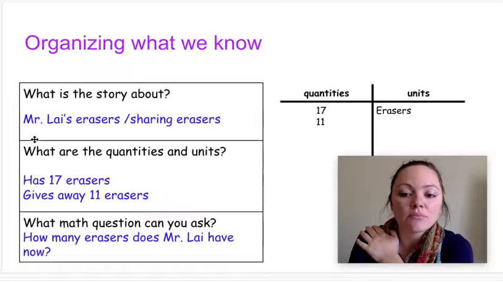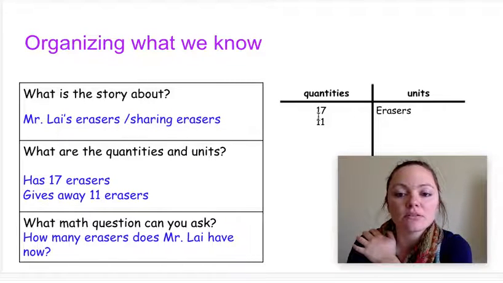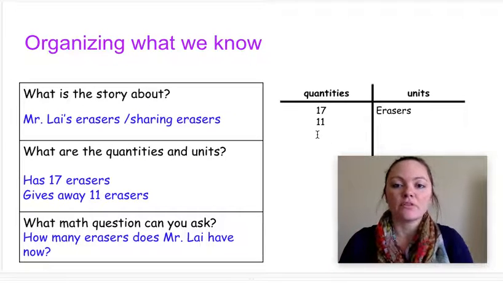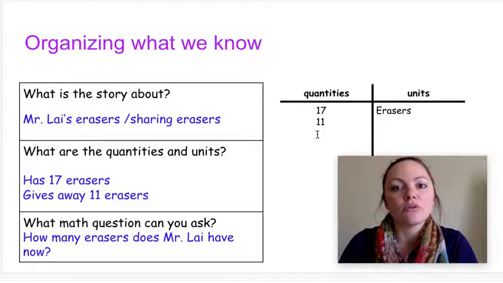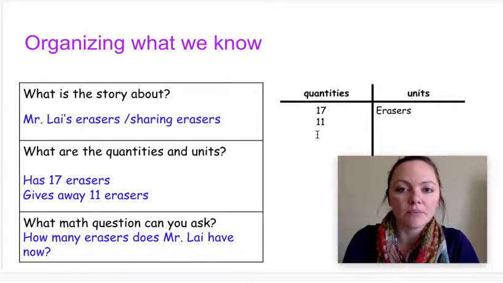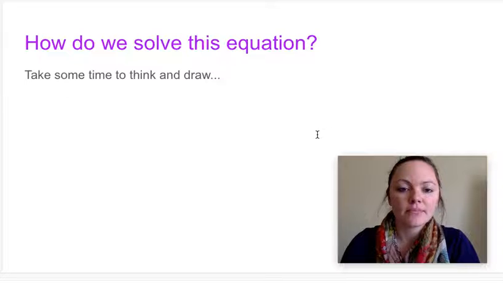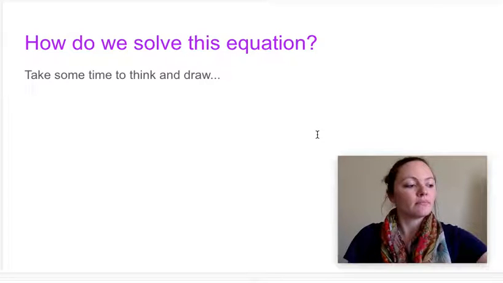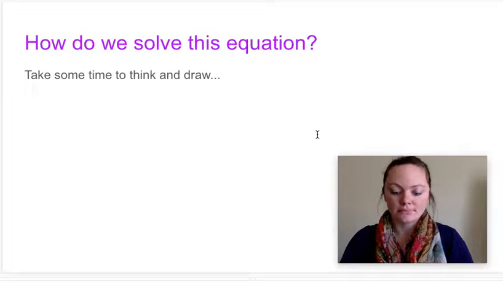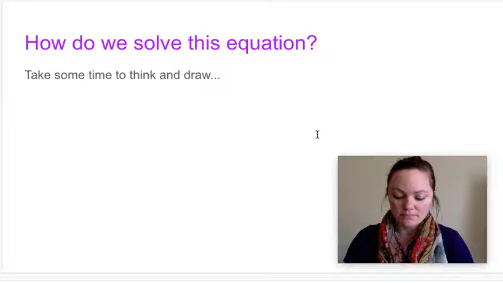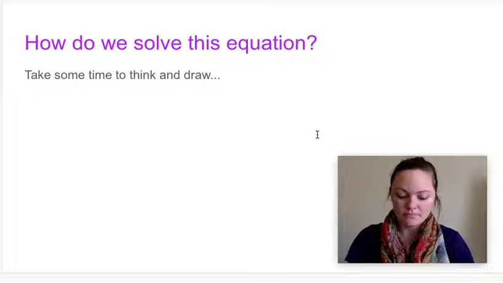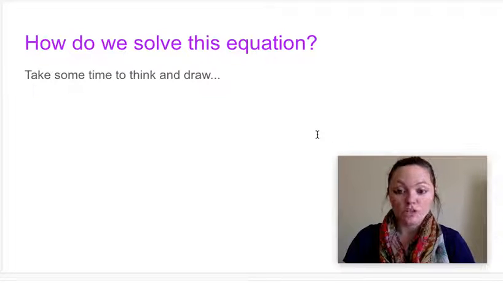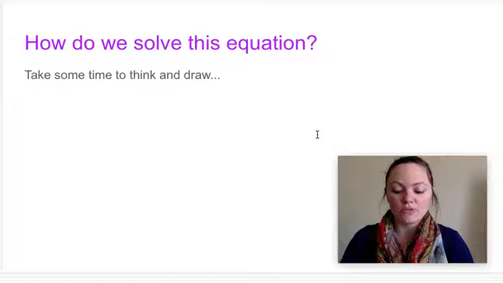If we go back to the previous screen, remember there were 17 erasers and 11 erasers that he gave away. So think about how you can organize these into equations. I'm going to give you some time. Okay? I'll set my timer for 1 minute. When you hear the noise go off, you'll know it's been 1 minute.